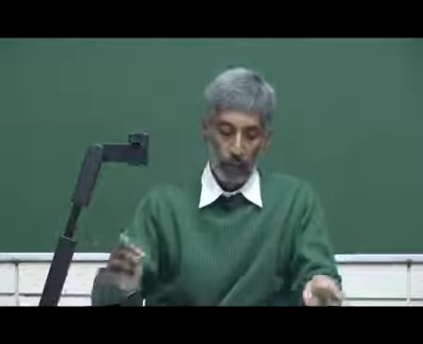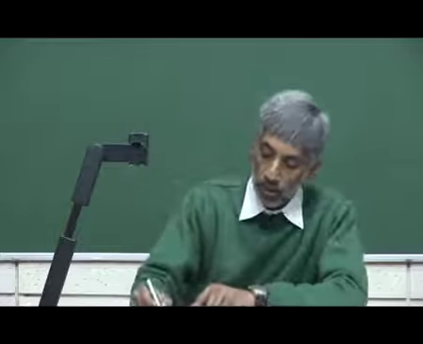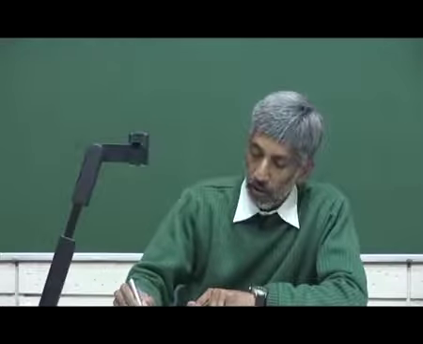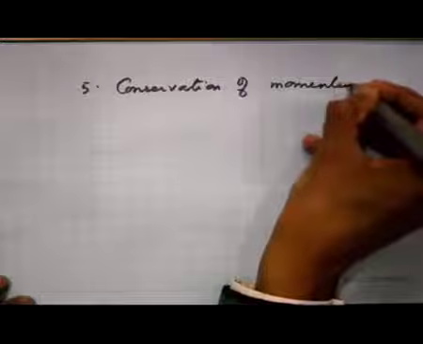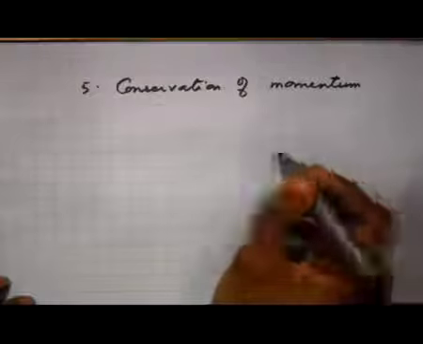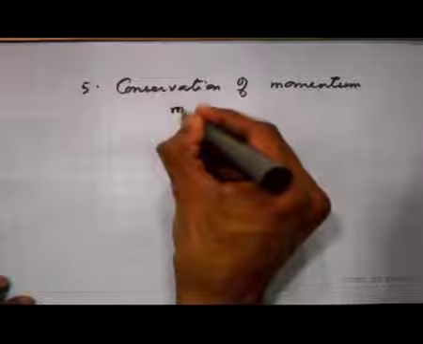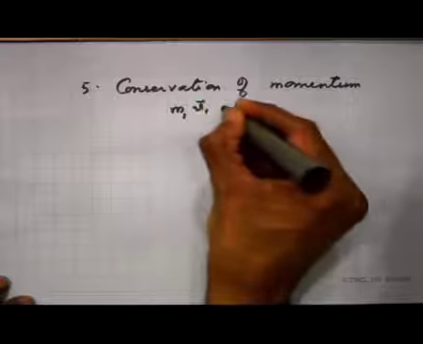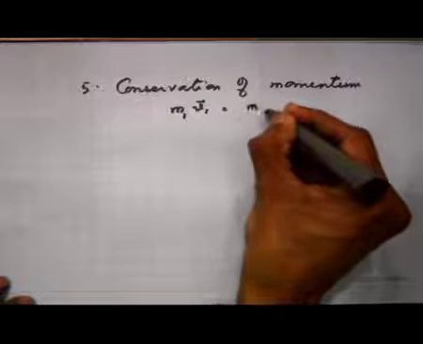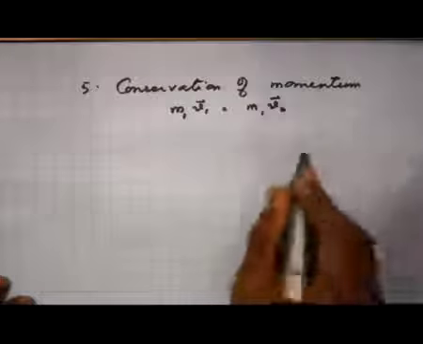And the fifth one is that in this model there is conservation of momentum. And what we are saying is that m1v1 must equal m2v2 if we are considering the same molecule.